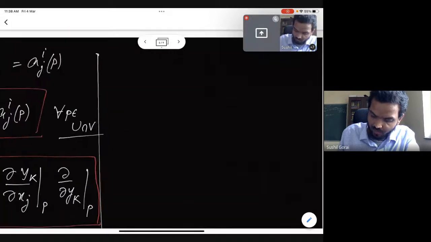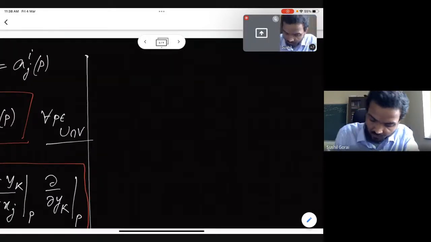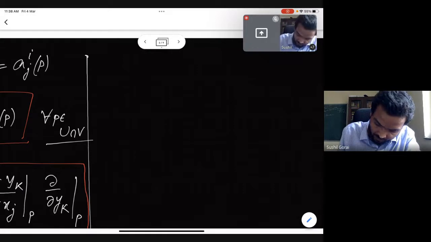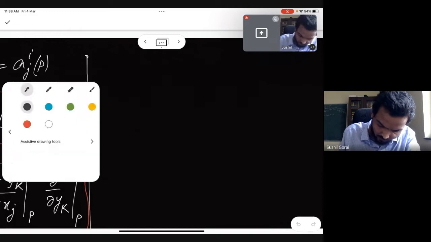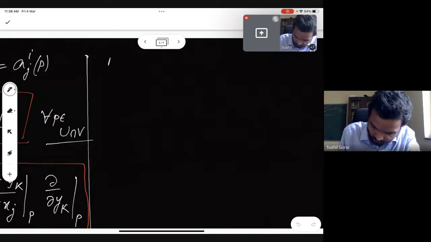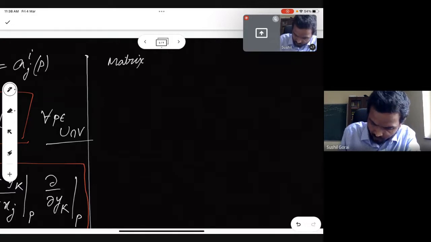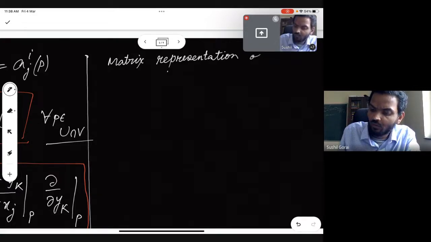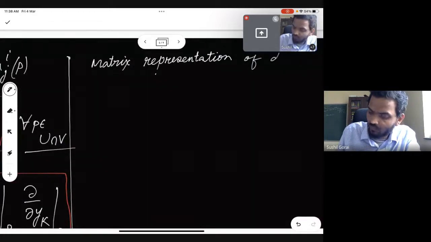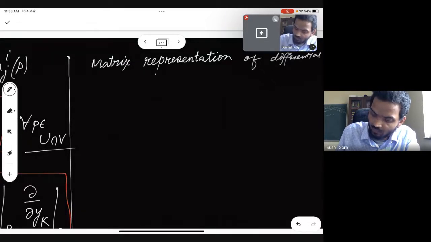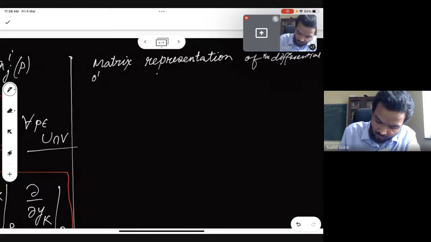So the next thing is the matrix representation of the differential of a smooth map.